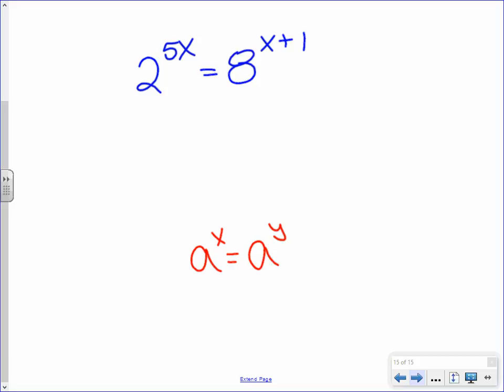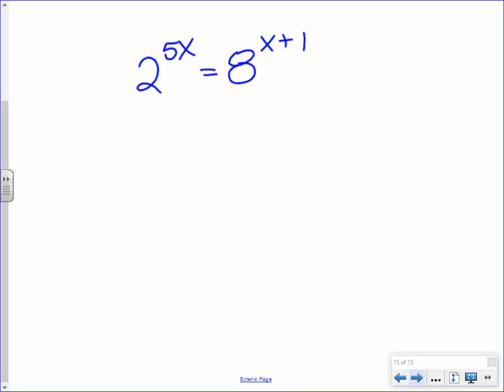They would be equal. So if you look at this problem I wrote up there in blue, what could we do so that we could use that one-to-one property? Okay, make sure that those bases are the same.